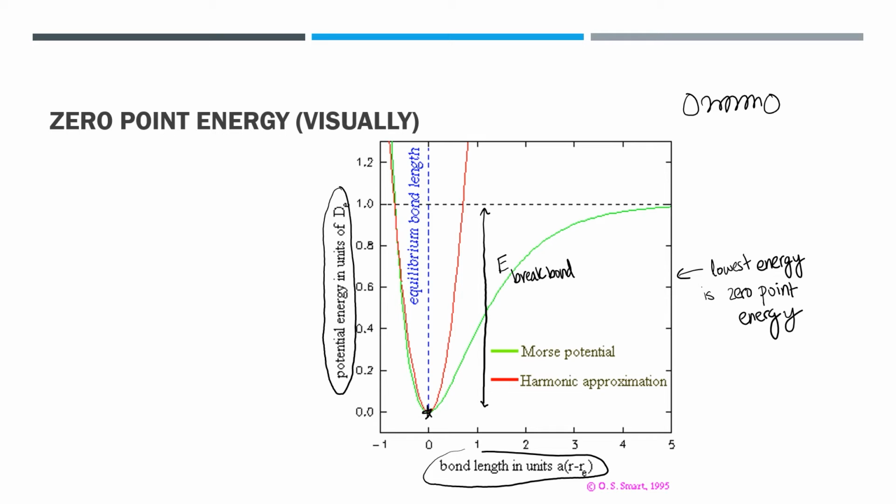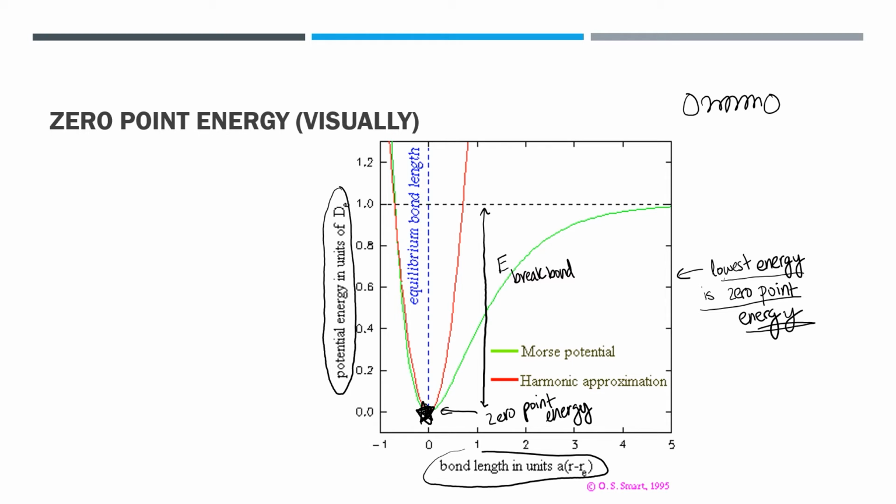That's going to be the most stable length of the bond, and that we call the zero-point energy. The zero-point energy is basically the lowest vibrational energy that this bond can be at. So this minimum that we see that's starred is the zero-point energy. Again, the lowest energy of the bond is the zero-point energy.